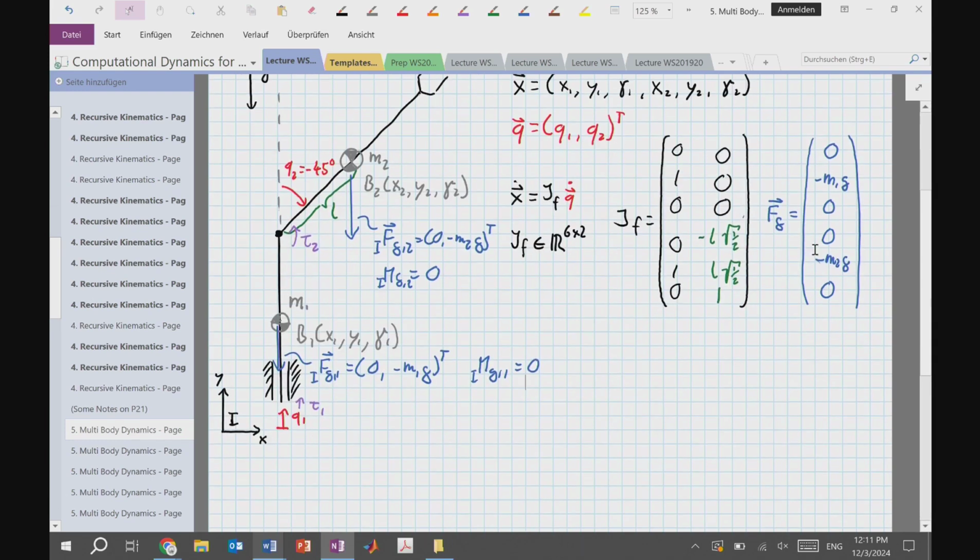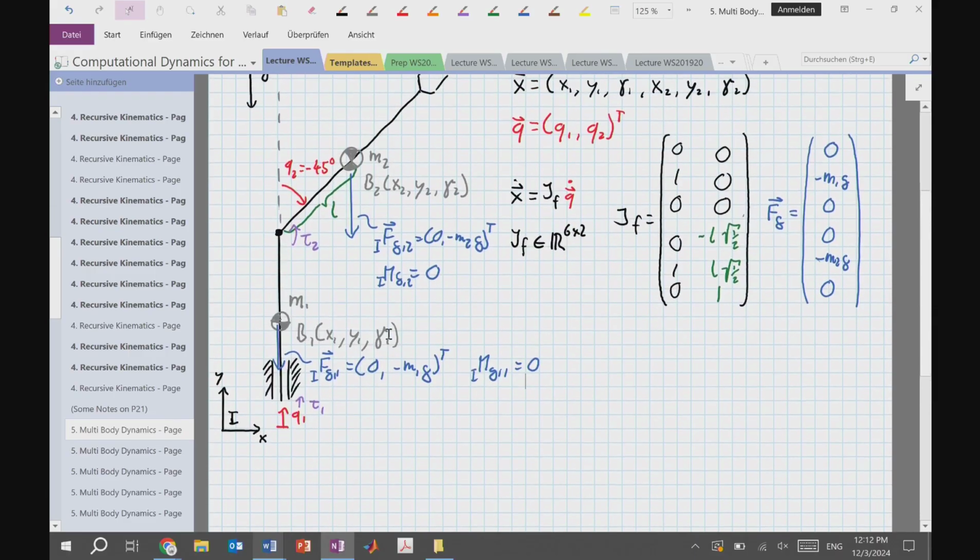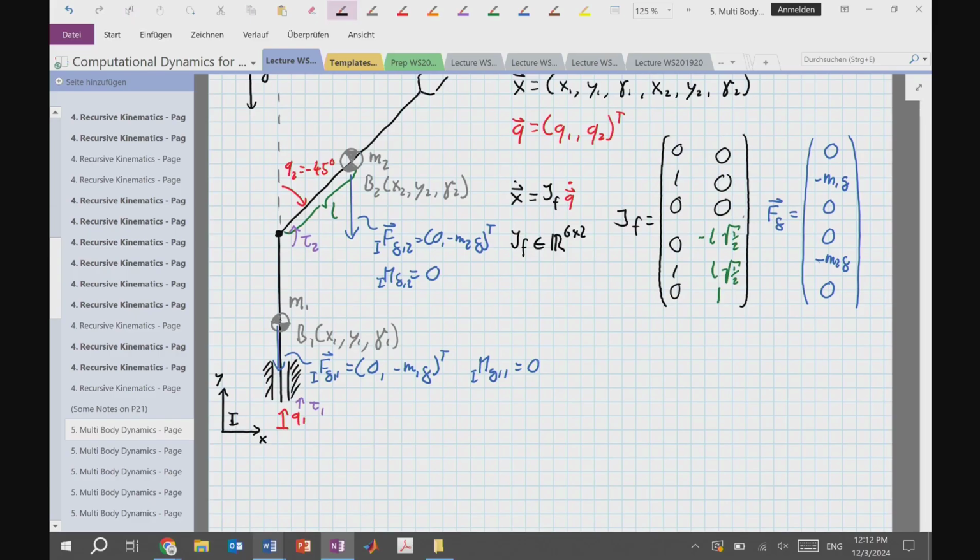So we have basically here our forces in Cartesian X space, and we have our motors. And my task now is to balance these Cartesian forces.